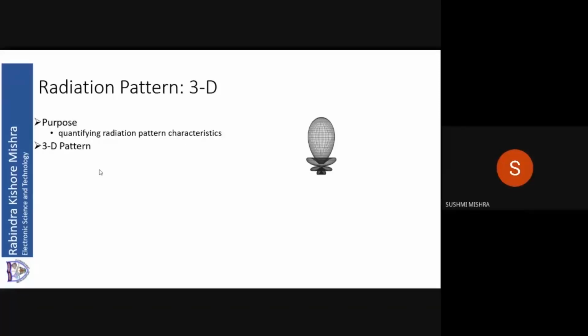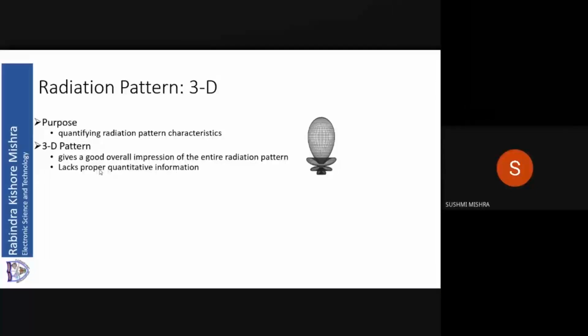This shows a typical 3D view of a radiation pattern. It gives a good overall impression of the entire radiation pattern, in which direction it is propagating, and the other directions or minor lobes are very clear, but it lacks proper quantitative information.